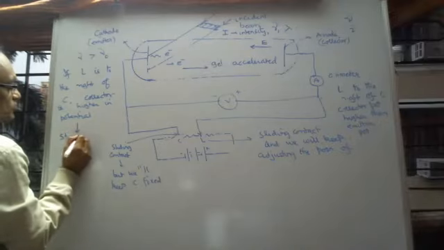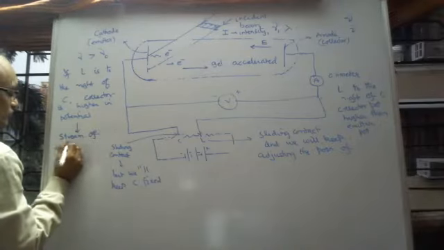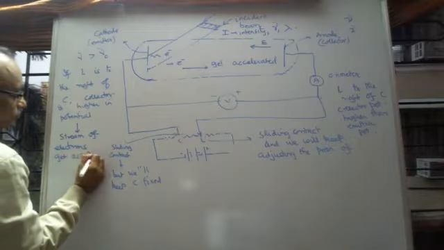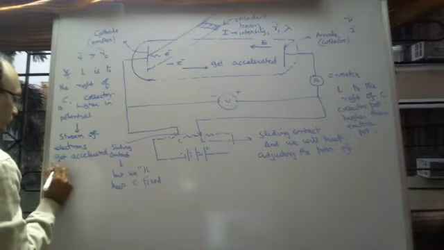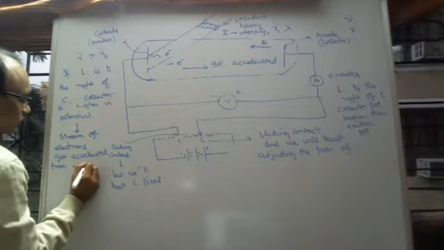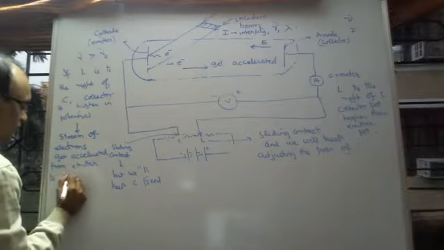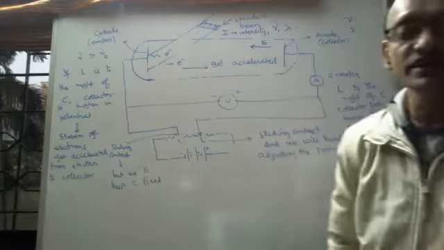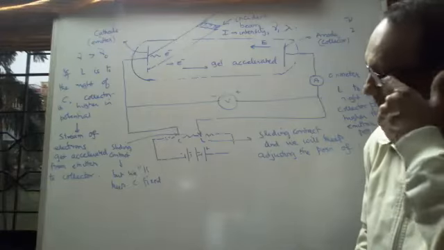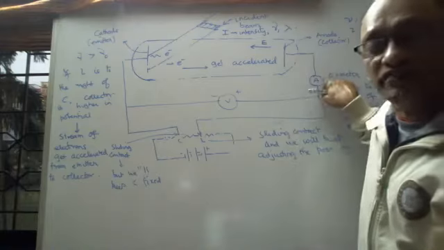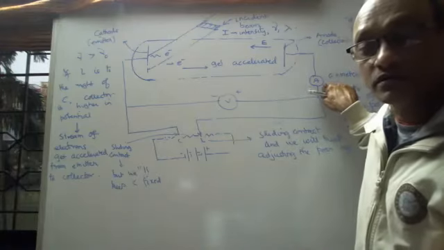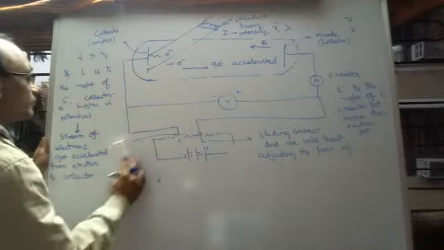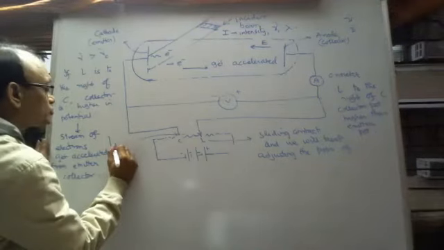A stream of electrons gets accelerated from emitter to collector. So the meter will show a deflection, it will show a current.